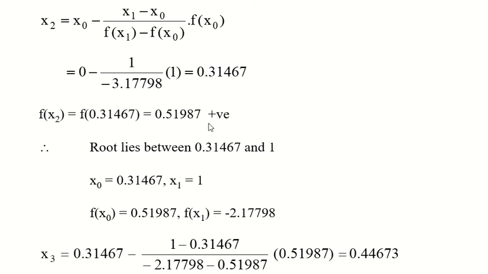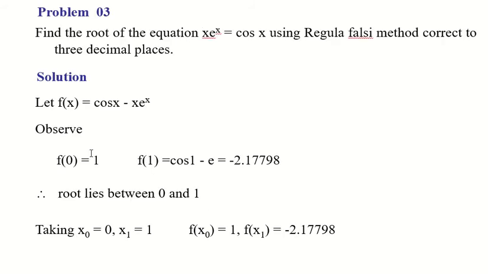So you have seen f of x0 was positive. You can go back and check. f of x0 is positive and f of x1 is negative. Now you are getting f of x2 as positive.